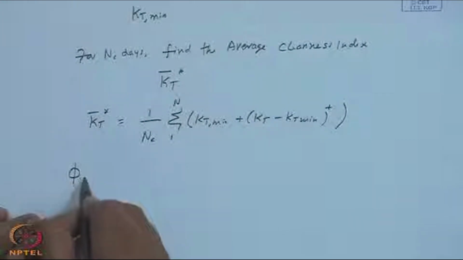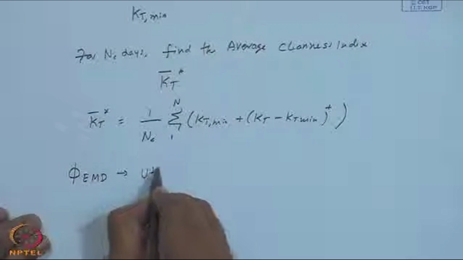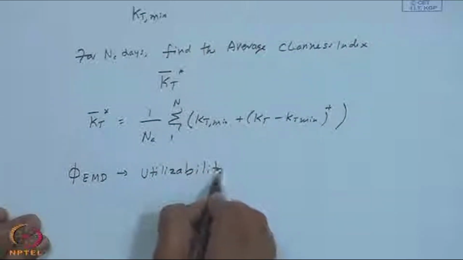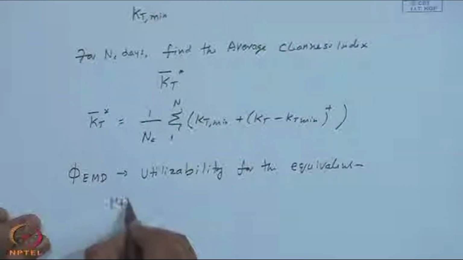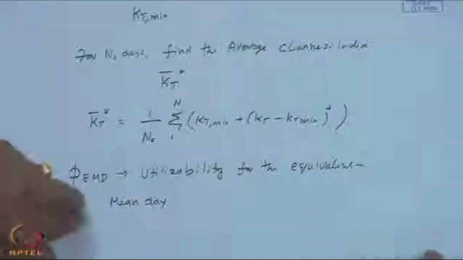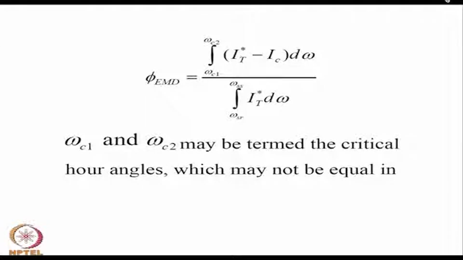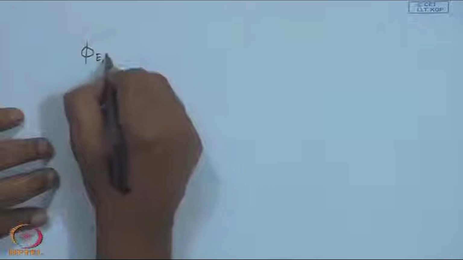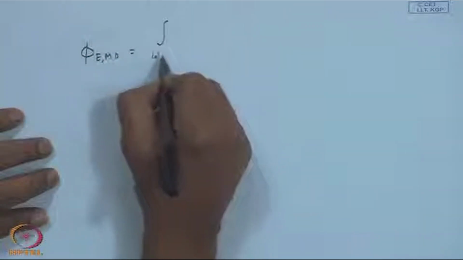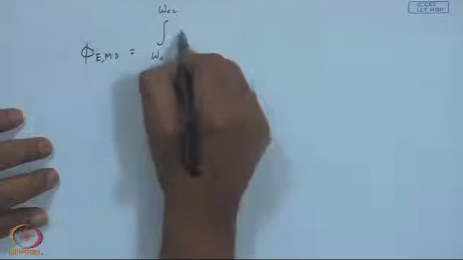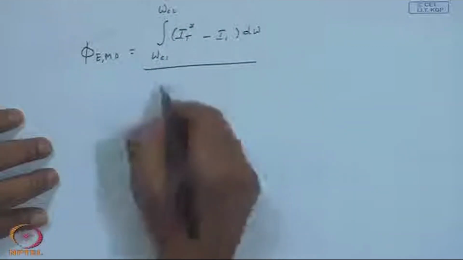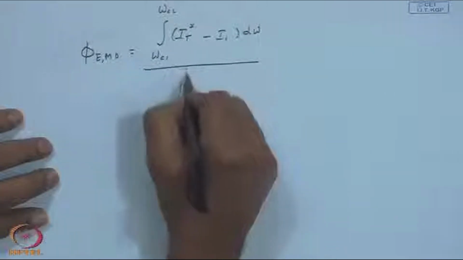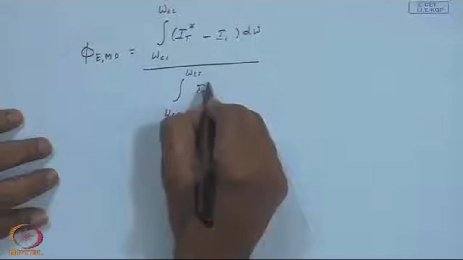So, the phi EMD, the utilizability for the equivalent mean day, one can express, because it is a single day, as the integral from omega C1 to omega C2 of (IT star minus IC) d omega, divided by the integral from apparent sunrise hour angle to apparent sunset hour angle of IT star d omega.